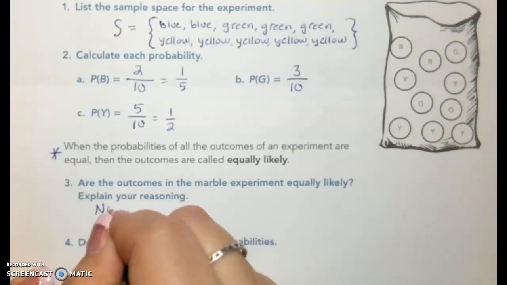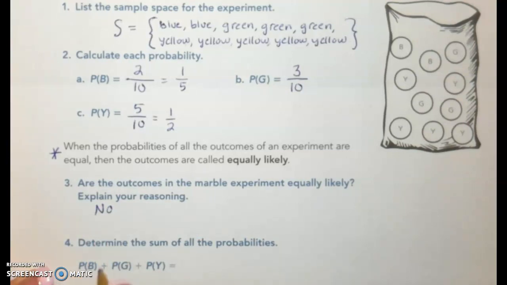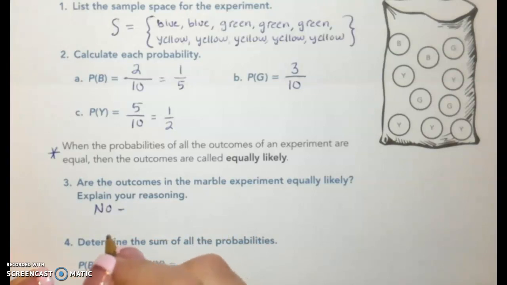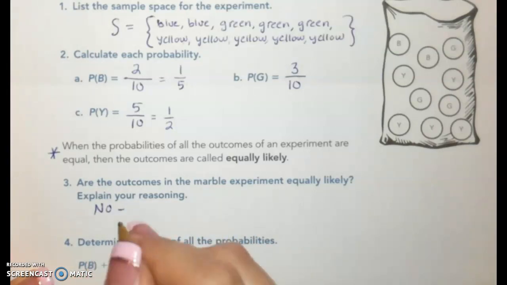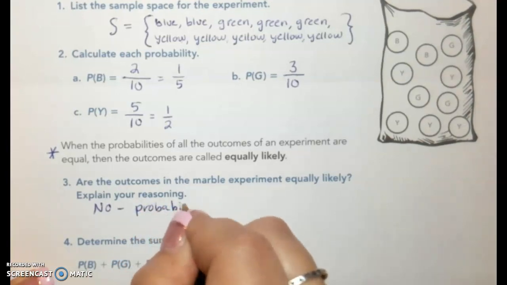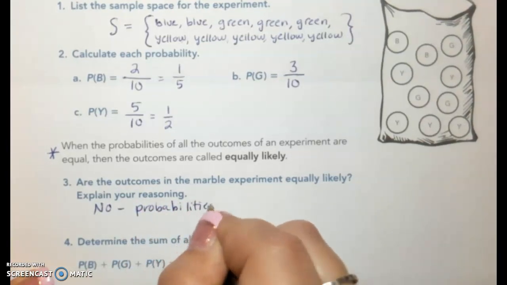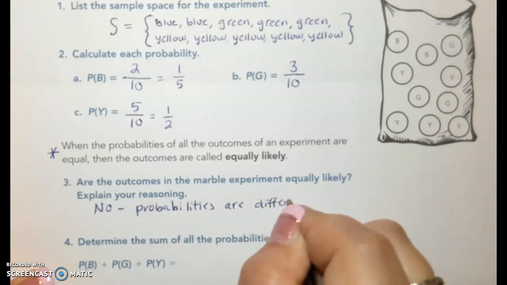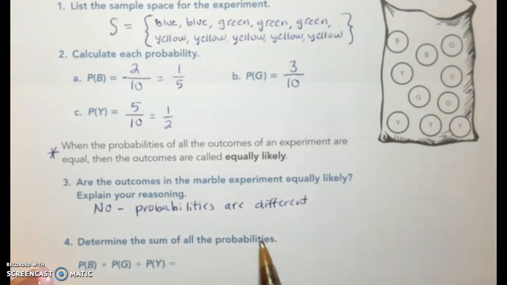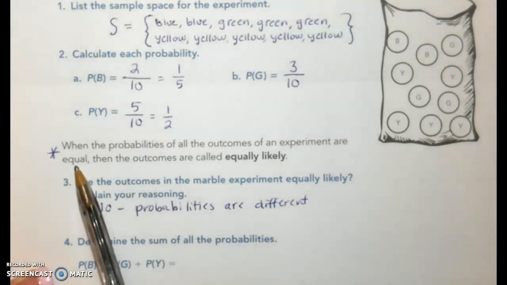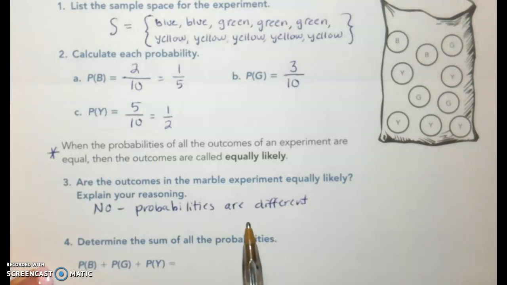Hopefully you said no. The outcomes are not equally likely because the probabilities for each color marble are different. And in order for them to be equally likely, the probabilities had to be equal. That is not the case for this marble problem.